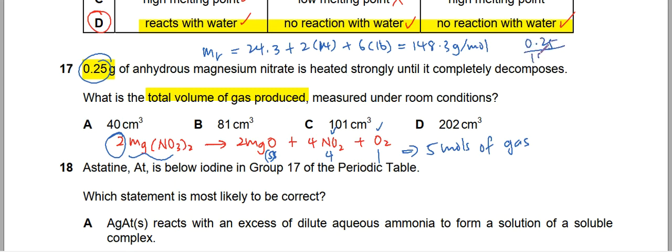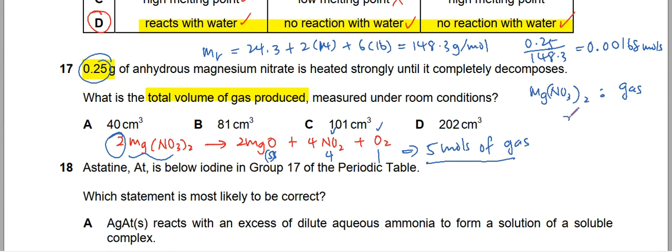We take 0.25 divided by 148.3, and we get 0.0168 moles. We know that Mg(NO3)2 versus the gas is 2 versus 5.